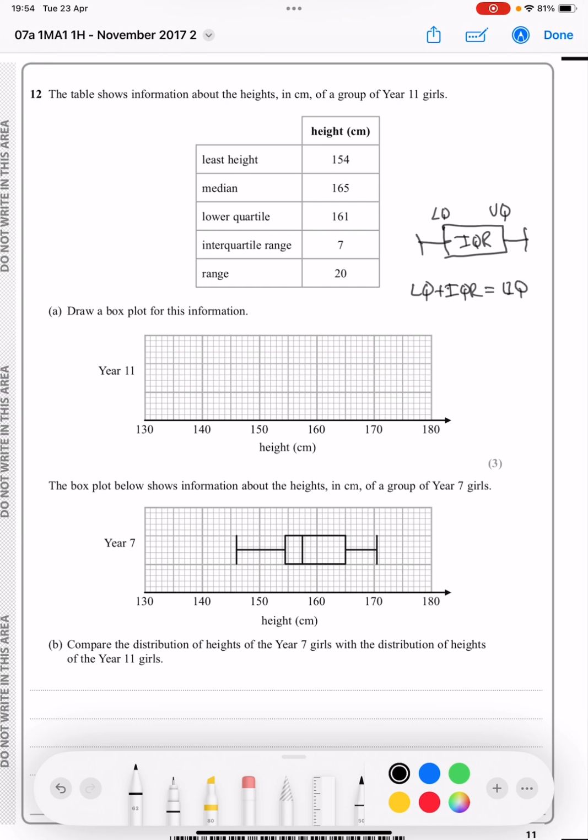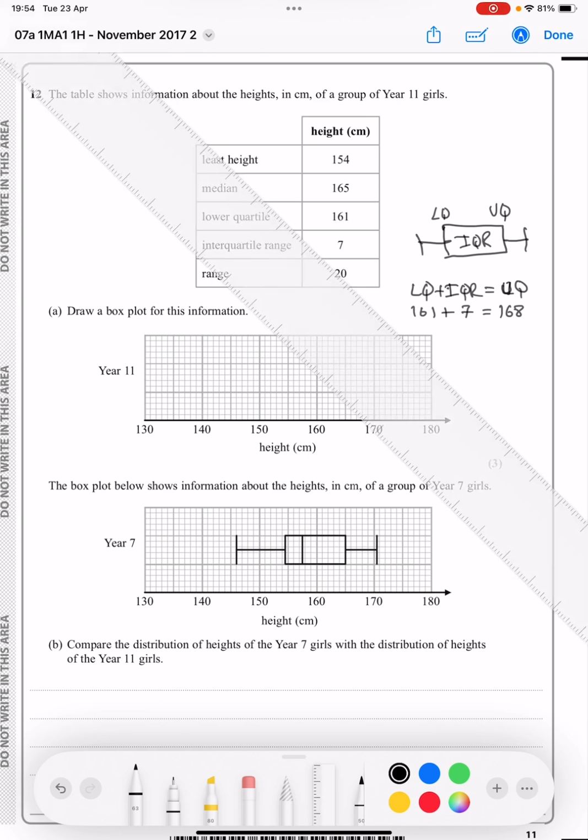In this case, the lower quartile is 161. The interquartile range is 7, so the upper quartile must be 168. Now, when I'm doing this, I do need to be accurate.